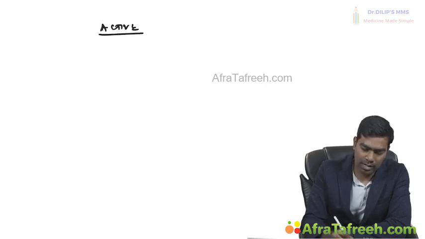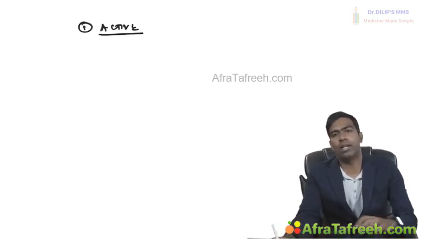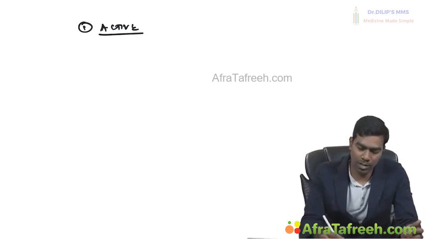So first of all, let us see what are the active forms of vitamin B12. The moment I talk about the active forms of vitamin B12, it is two things.